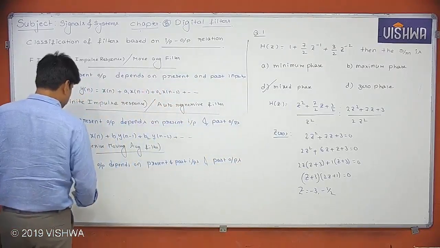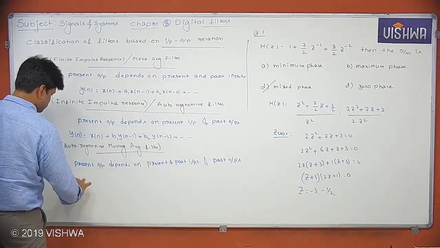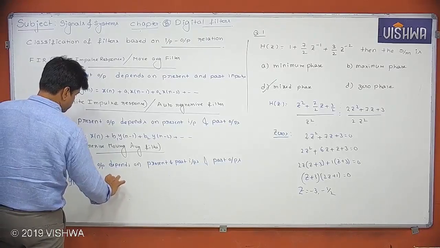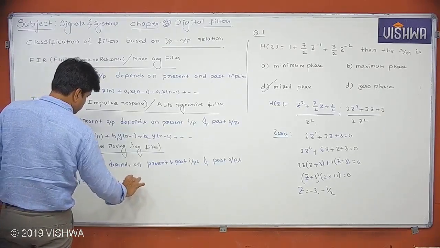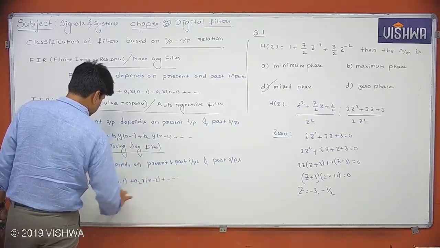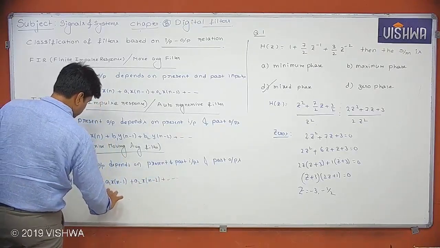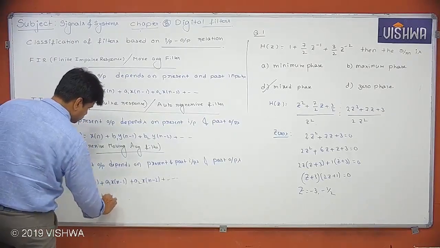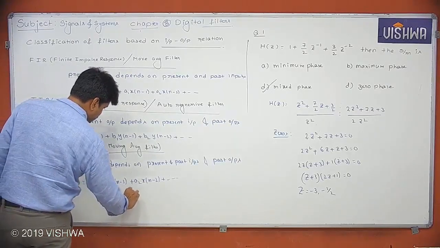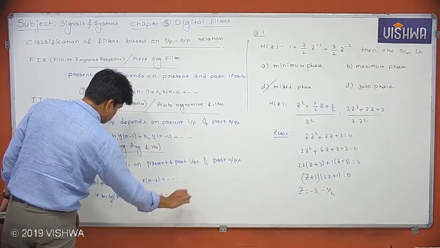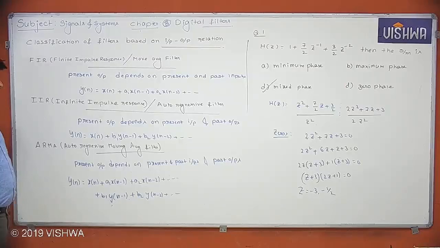So y of n looks like this: x of n plus a1 x of n minus 1 plus a2 x of n minus 2 and so on, plus b1 y of n minus 1 plus b2 y of n minus 2 and so on. If this kind of input output relation is there, then we can call this an ARMA filter.